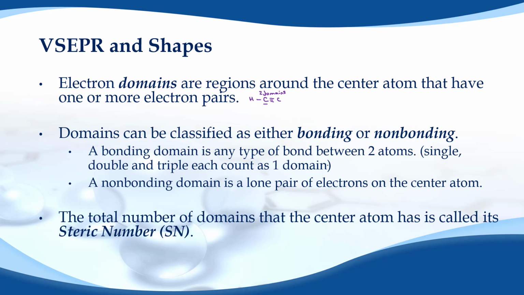Okay, so steric number is the total number of domains around our center atom because the center atom is the atom that determines shape. So if I had, for example, two bonding domains and one non-bonding domain, that has a steric number of 3.